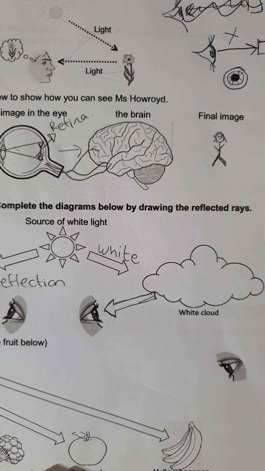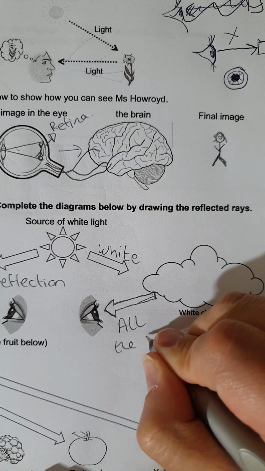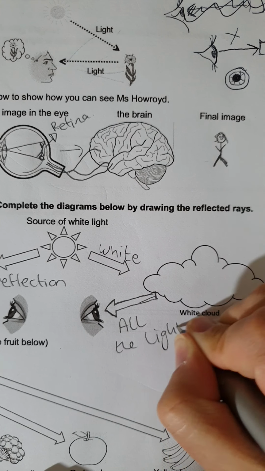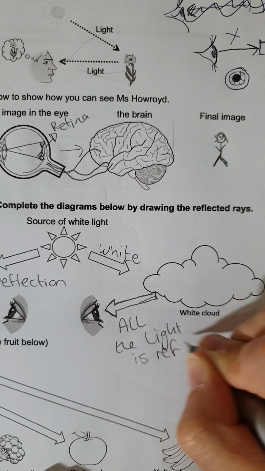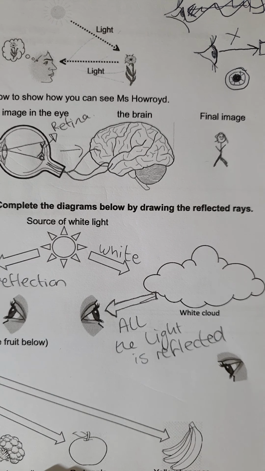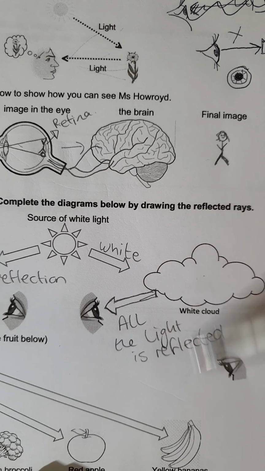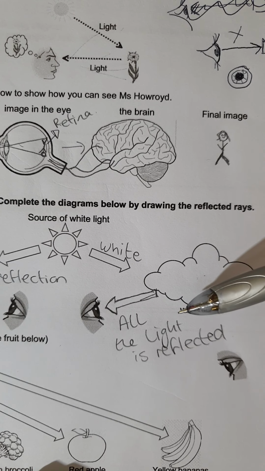So that we can see it as white, all the light is reflected. All the light is reflected, and that's why we can see white. As I'm looking at it right now, I can see this white color, and that means all the light is shining off of it from my light bulb. And we see it as the color white.